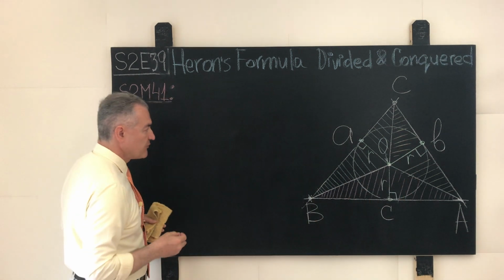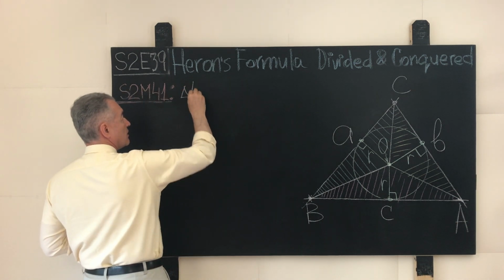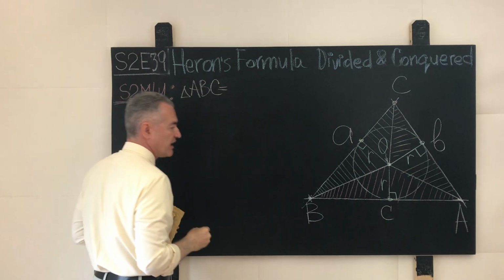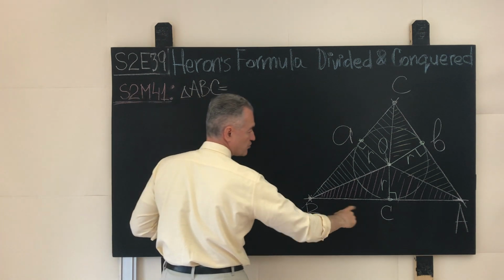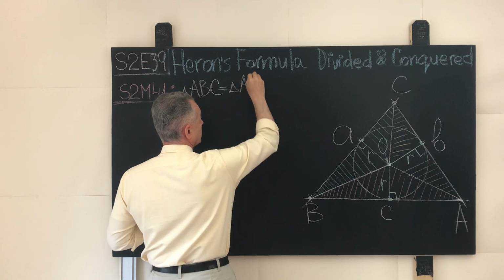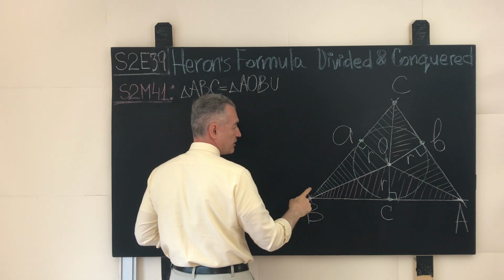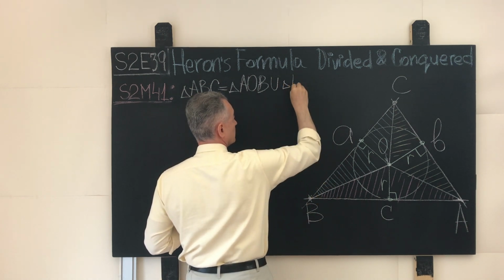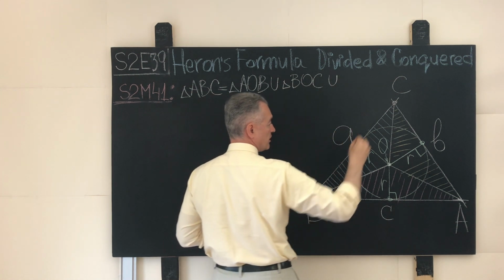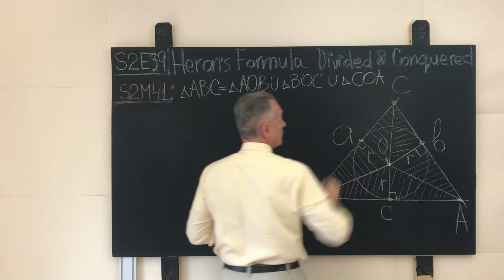Now, in symbols, we could write the following. We can write that the triangle ABC can be represented as the union of the triangles. Which ones did we say? The triangle AOB unionized with the triangle BOC, which is unionized with the triangle COA.